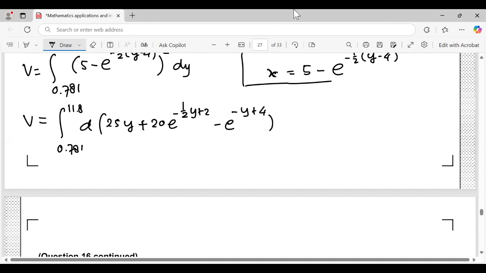And after that, substitute 11.8 and 0.781 into this expression.